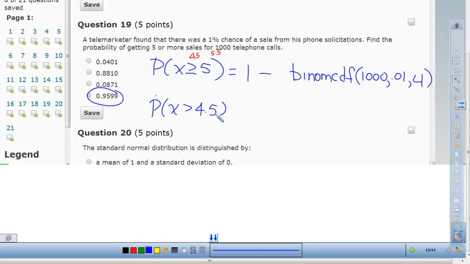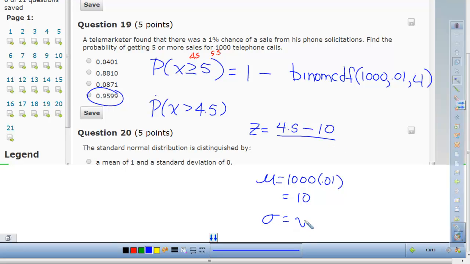Now I'm going to convert this to a z-score. So z equals 4.5 minus the mean. We said it was binomial, so the mean is 1,000 times 0.01, so that's 10. That's our mean. And our standard deviation is the square root of n times p times q.